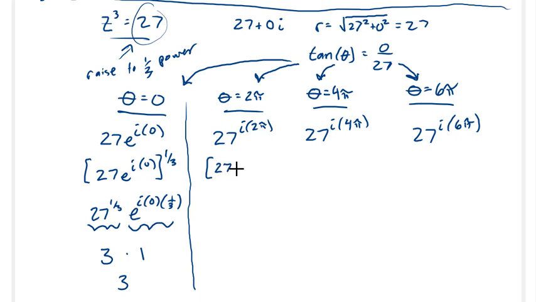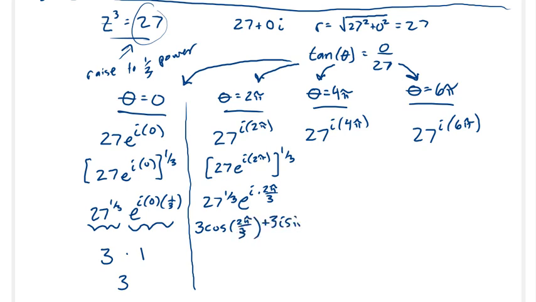So if I say 27 e to the i times 2 pi raised to the 1/3, then that's going to be 27 to the 1/3 e to the i times 2 pi over 3, right? And that's going to be 3 cosine of 2 pi over 3 plus 3i sine of 2 pi over 3.